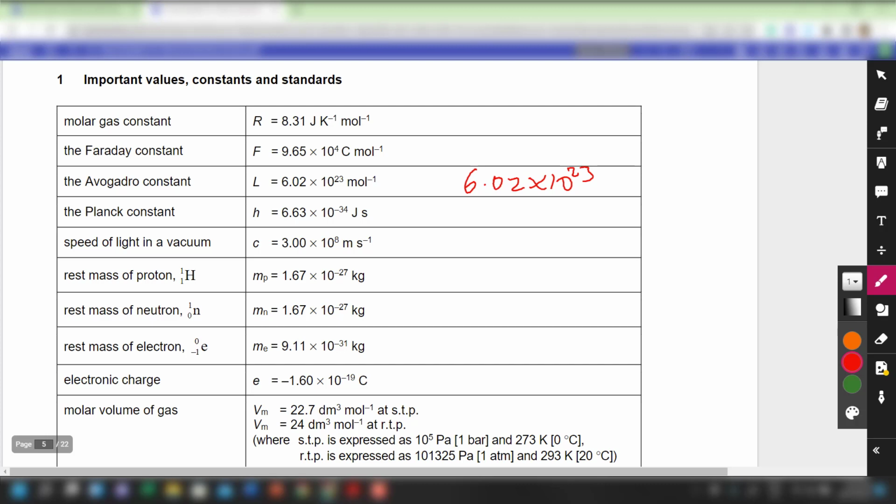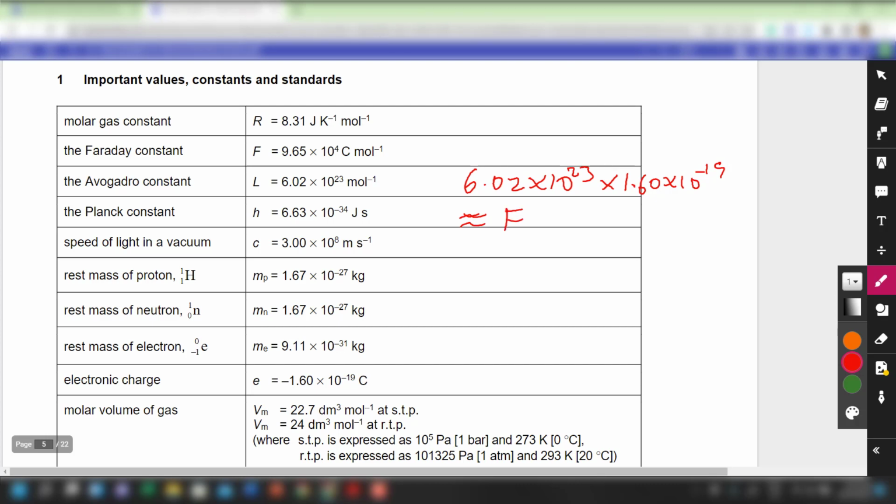Then each electron will carry a charge of 1.60 times 10 to the power minus 19 coulomb. So if you multiply the Avogadro number by the electronic charge per electron, 1.60 times 10 to the power minus 19, you should end up with a number very close to the Faraday constant.